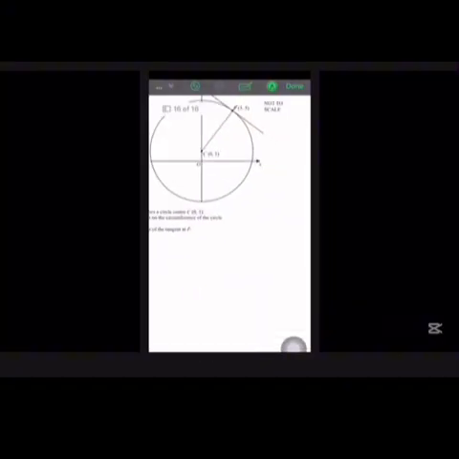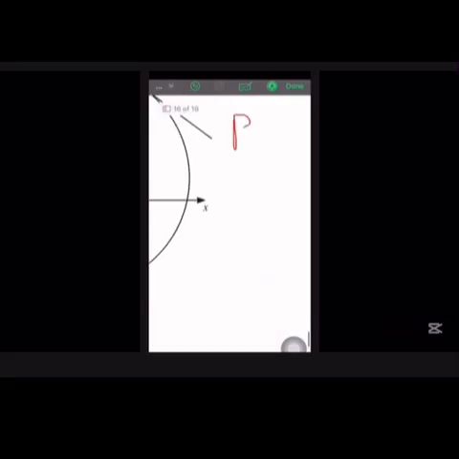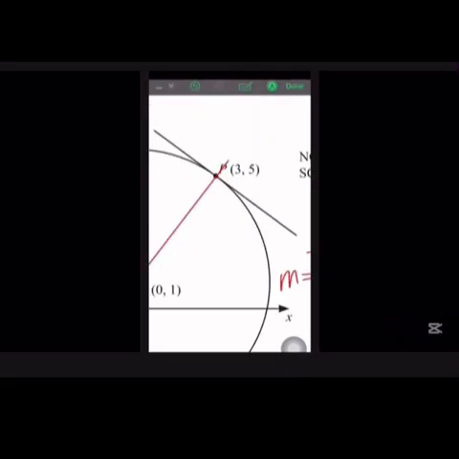We have to first join the 2 points C and P, and then we'll solve the rest of the question. So we have to find out the gradient first of P and C. M is y2 minus y1 over x2 minus x1. So for this point, we have x1, y1.